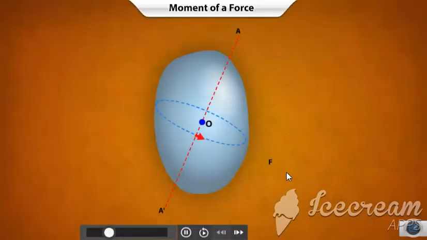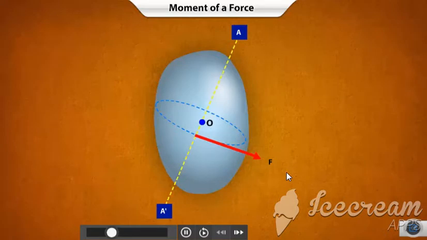For example, the moment of force F about point O is the measure of the tendency of the force to rotate the rigid body about line AA dash.